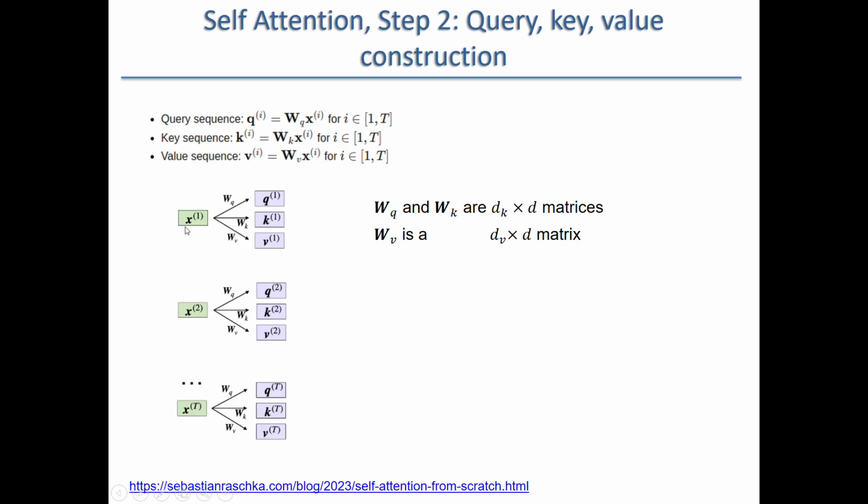If your input vector is of size d, then this matrix is of size dk times d, so our keys and our queries will be of size dk. Then we will construct the value by multiplying by another matrix that now has a different output size, dv. And we do the same for the input word embeddings.